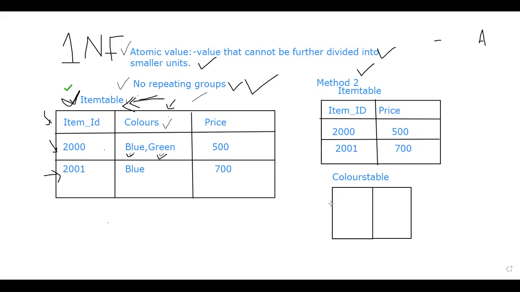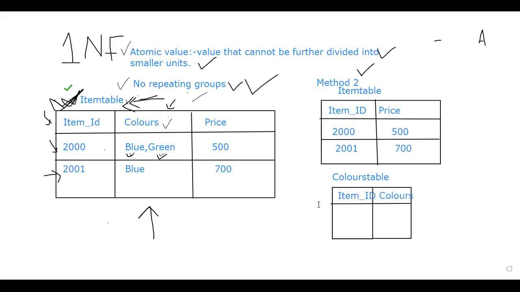The colors table needs to have the colors, because the reason we want the colors in a separate table is that this was the attribute that caused us not to be in first normal form. Considering this item table, which attribute was the reason for not being in first normal form? The colors attribute. Therefore you need to bring the colors attribute to a separate table. So let me write colors here, and here it must be item ID. I told you, because you need to make a relationship, therefore it becomes the foreign key in the colors table.